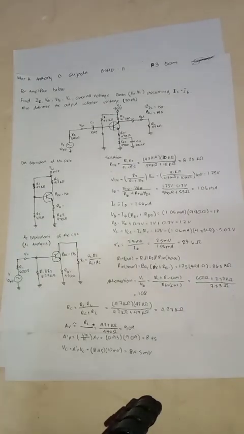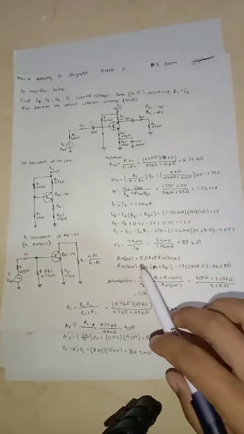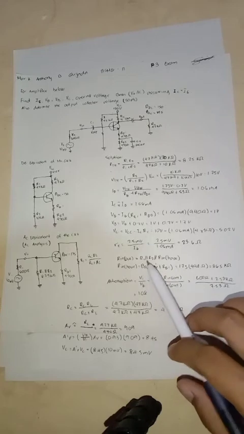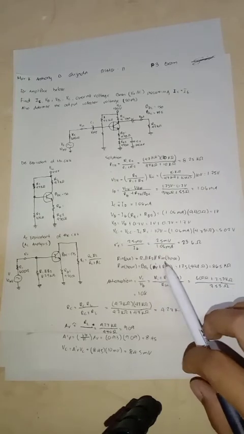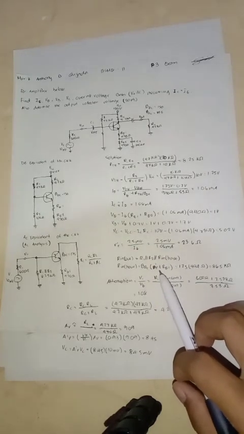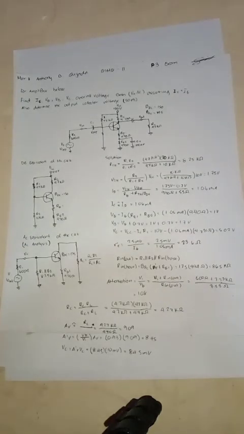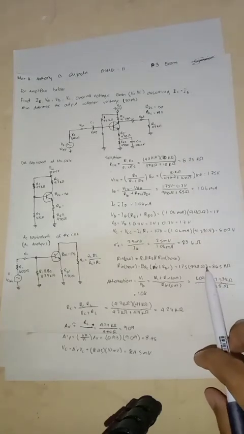And now for the base input resistance, the formula is our BAC times RE plus RE1, which is 175 times 494 ohms.